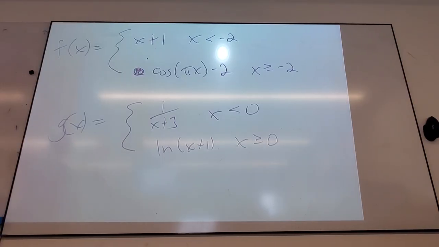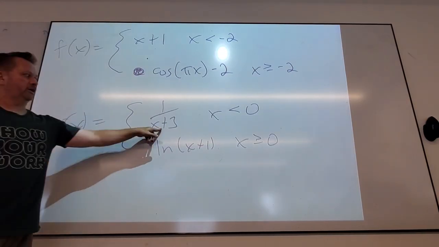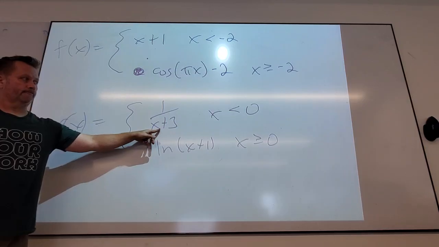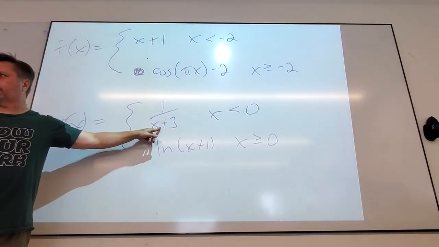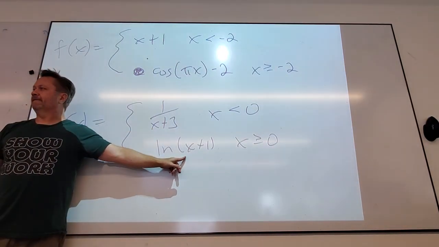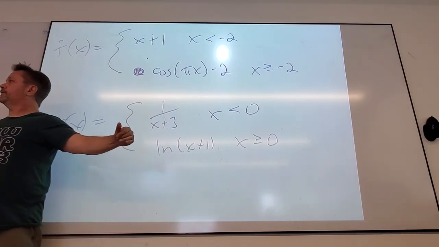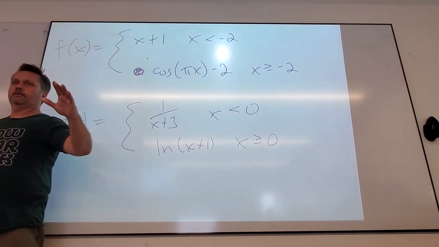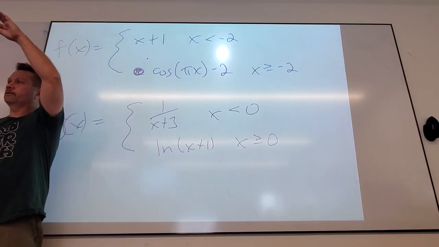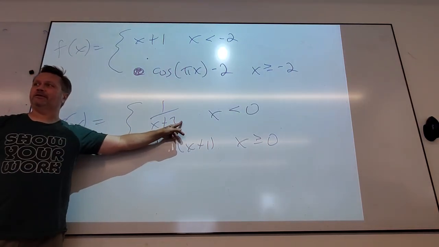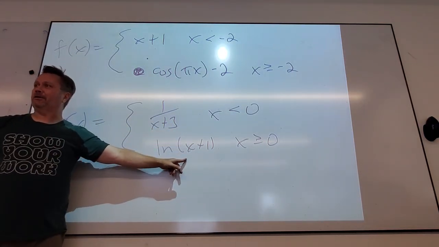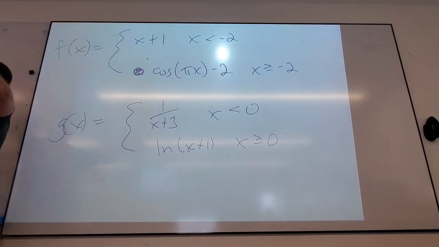Okay, so that would be an infinite discontinuity. So, what about 0? What do you get when you plug a 0 in here? 1/3. What do you get when you put a 0 in here? 0. Natural log of 1 is 0. Yes? Did those agree? What did we just say up here? We said 1/3 and 0. So one's going to 1/3 and the other one's going to 0. What kind of discontinuity is that?